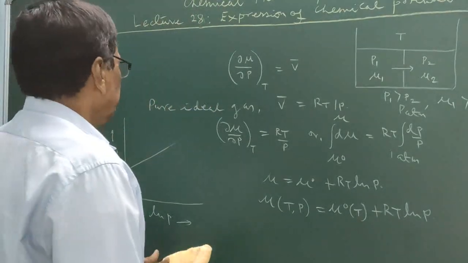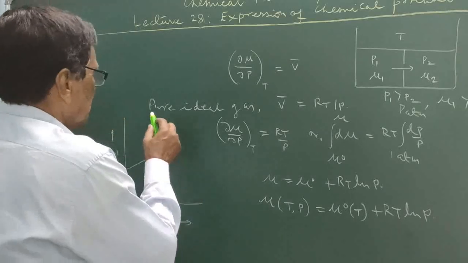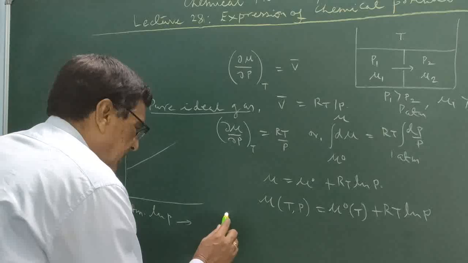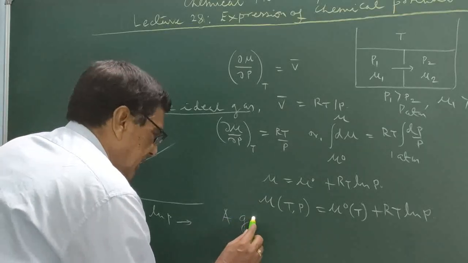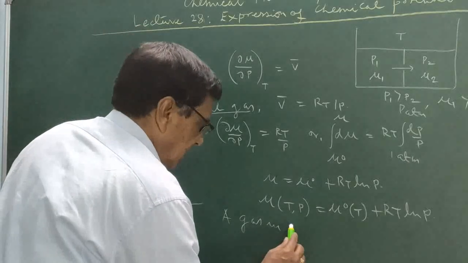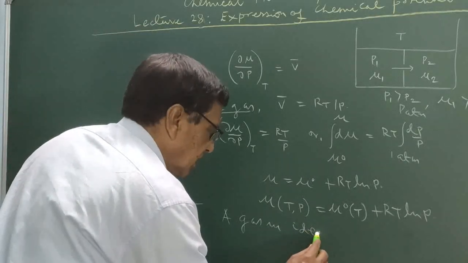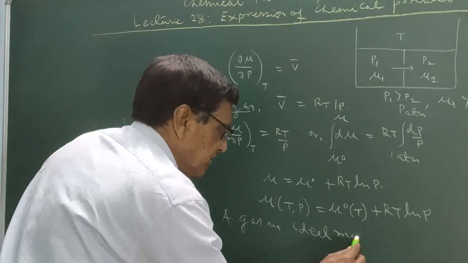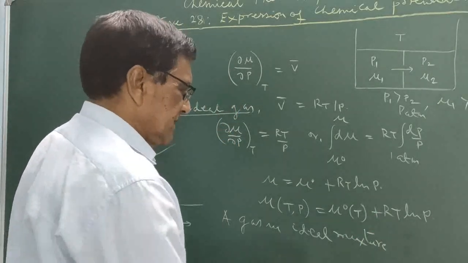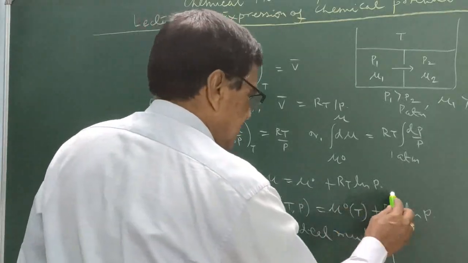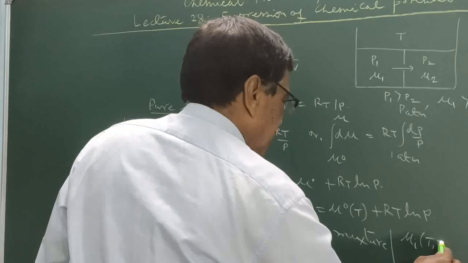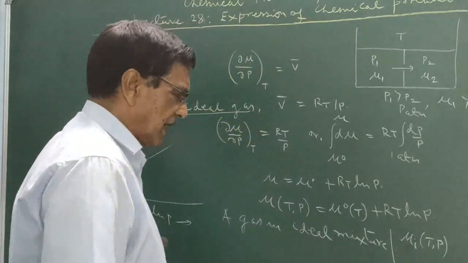If we consider not a pure ideal gas but a gas in an ideal mixture, then the same equation will be changed to mu i(T, P), the chemical potential of the ith component.